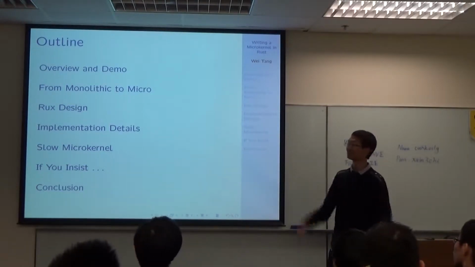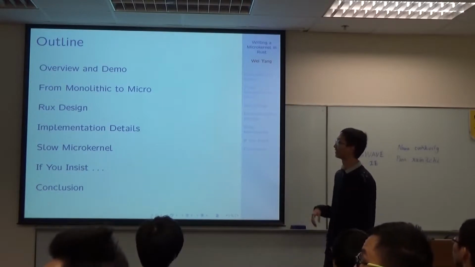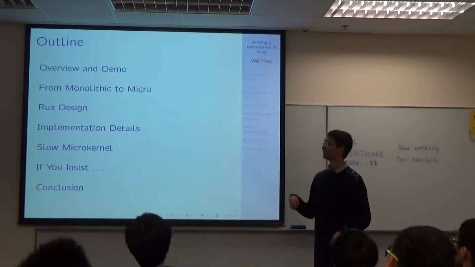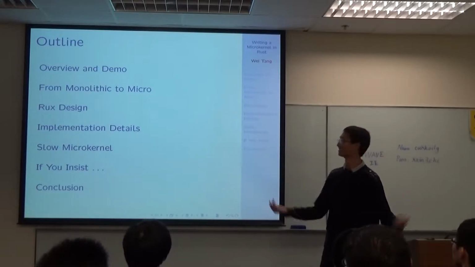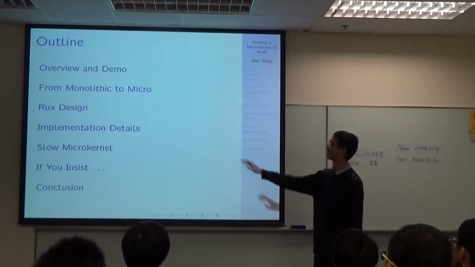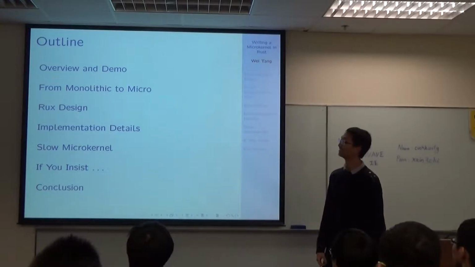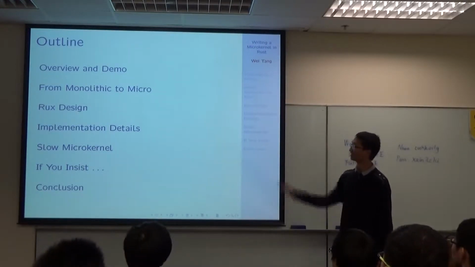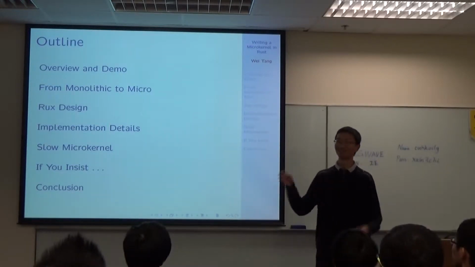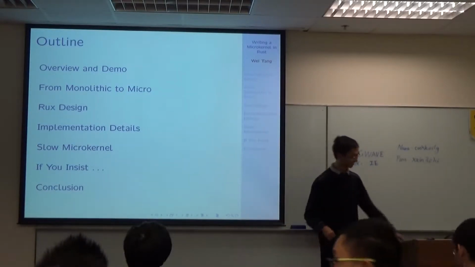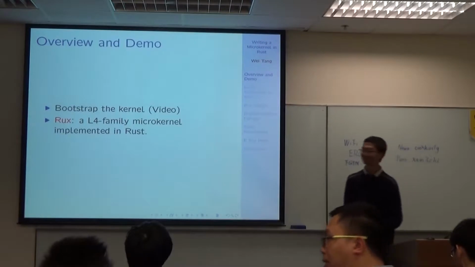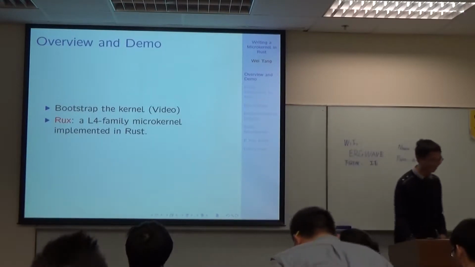I call it Rex, the kernel data, and then I give some implementation details, especially about Rust, and then why microkernels haven't been successful, and if you insist, if you want to write your own microkernel, some advice, and that's it.